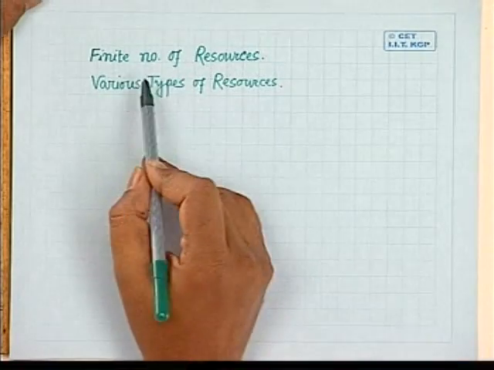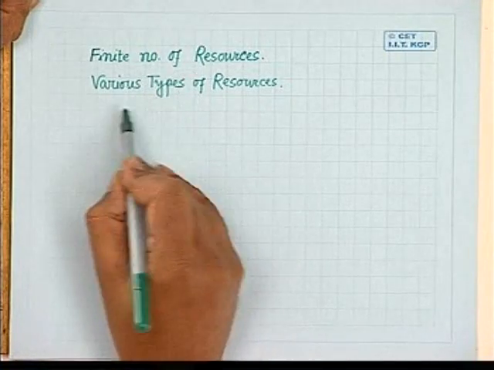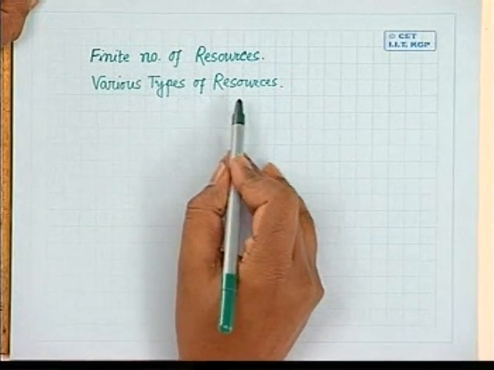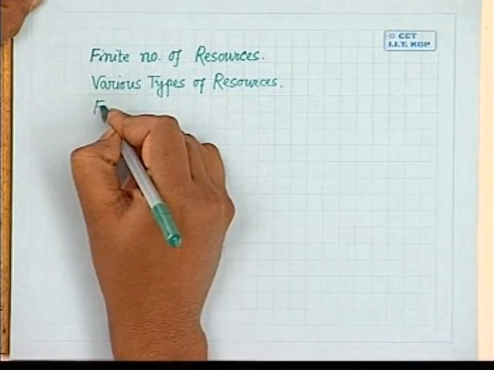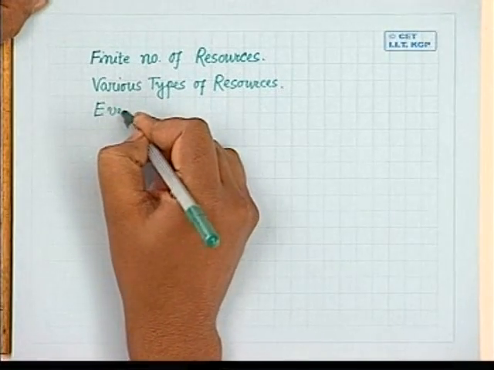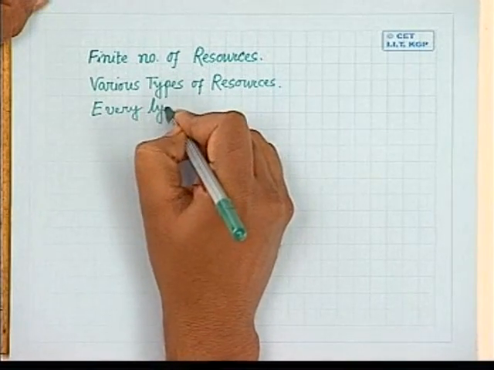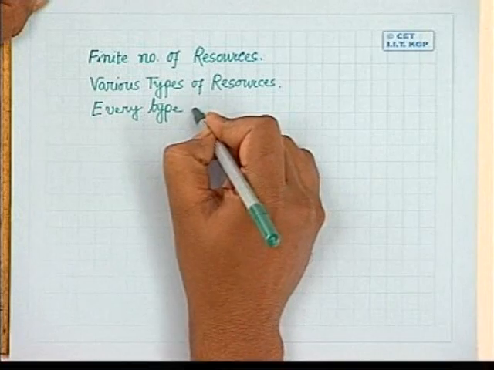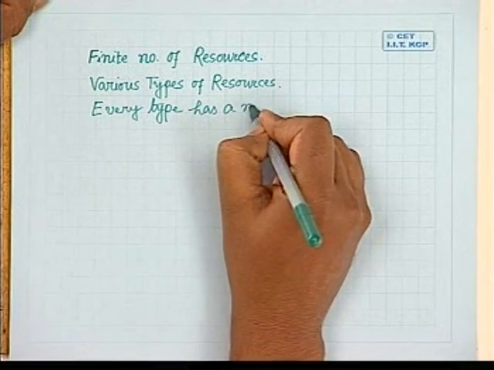Okay. So in a system, we'll have a finite number of resources. Then the resources can be grouped into various types. Every type will have a number of identical instances of that resource.